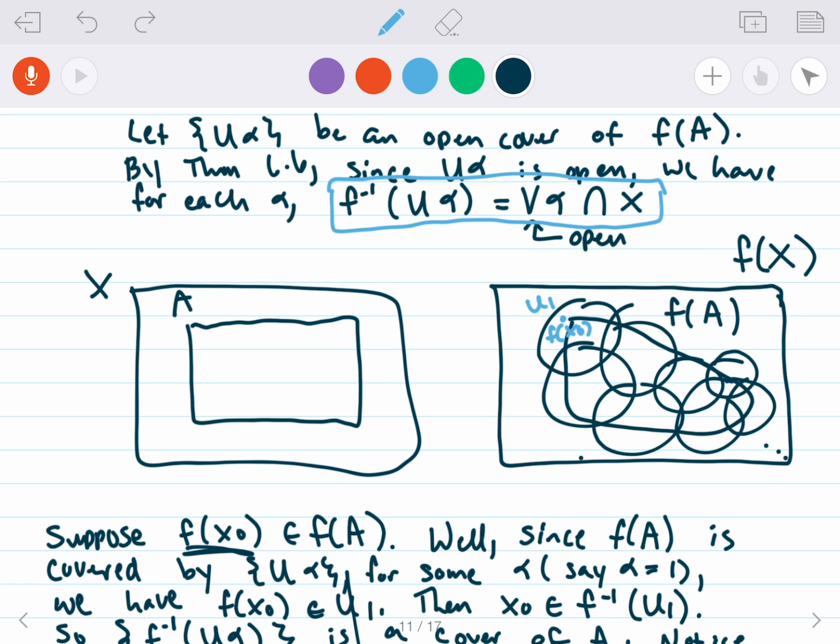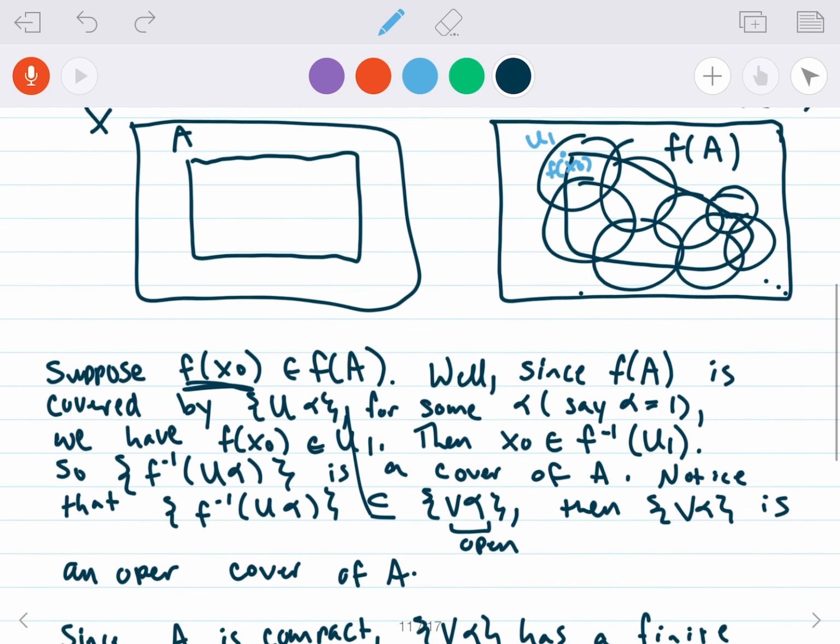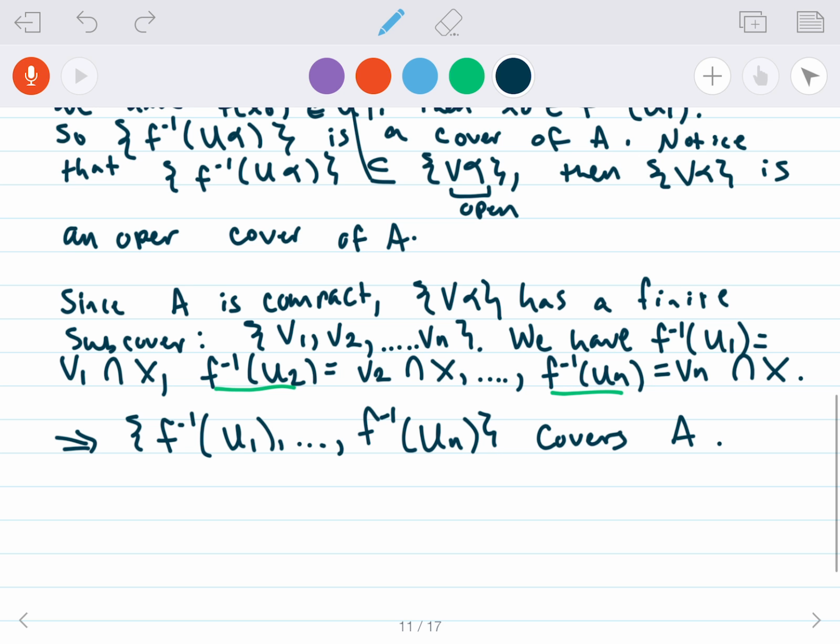What I'm really trying to show is that U1 through UN can actually cover f of A. So from here, you want to look at an arbitrary element in the image of f of A and show that it's contained in the union of U1 through UN. And that's just what it means to be covered by U1 through UN.